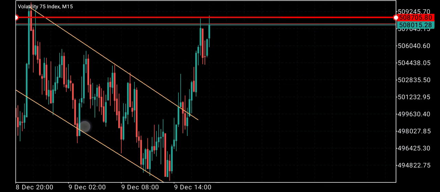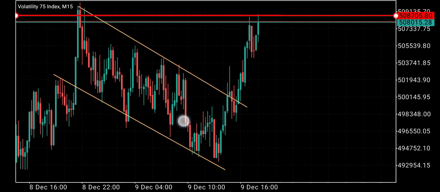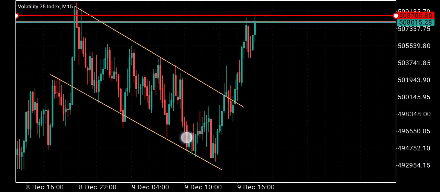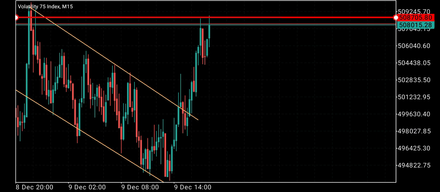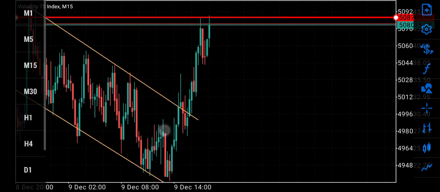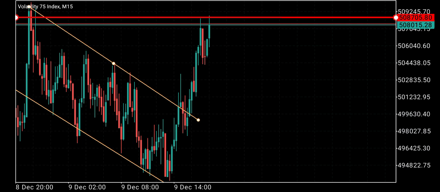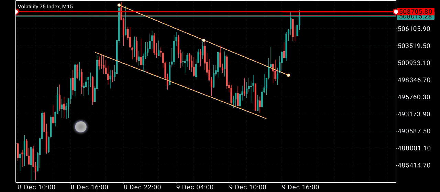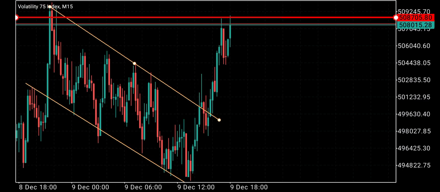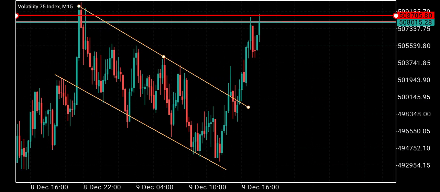After this bearish channel, we had a W formation: first leg, second leg, and then this is the neckline, then a retest, then a breakout of this descending trend line, and from there we expected the market to push up. So that's how we came about taking our buy trades.